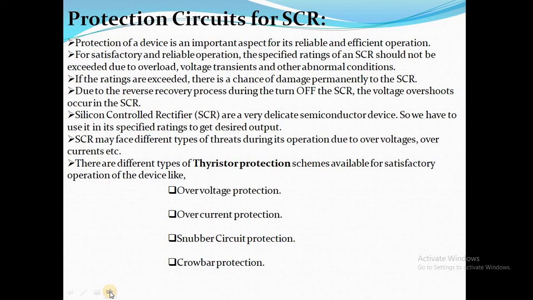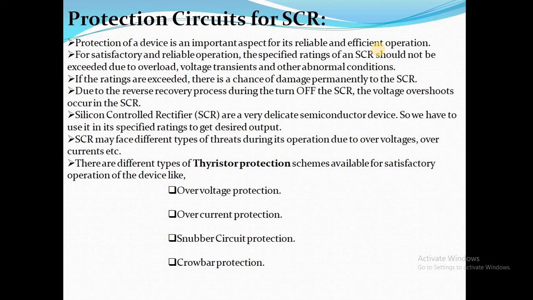First, the protection of a device is an important aspect for its reliable and efficient operation. Whenever any type of thyristor device is used for any application, protection is a must. As we use protection in household applications, generally fuse wires, if any fault occurs or current reaches beyond the limit, the fuse wire automatically gets off and protects the further connected applications.